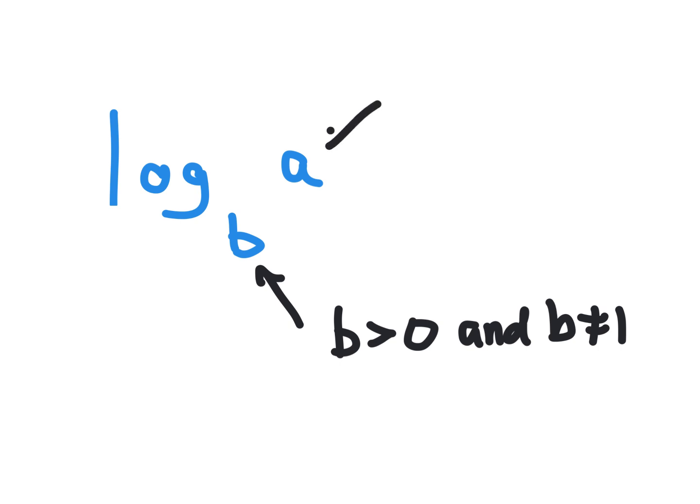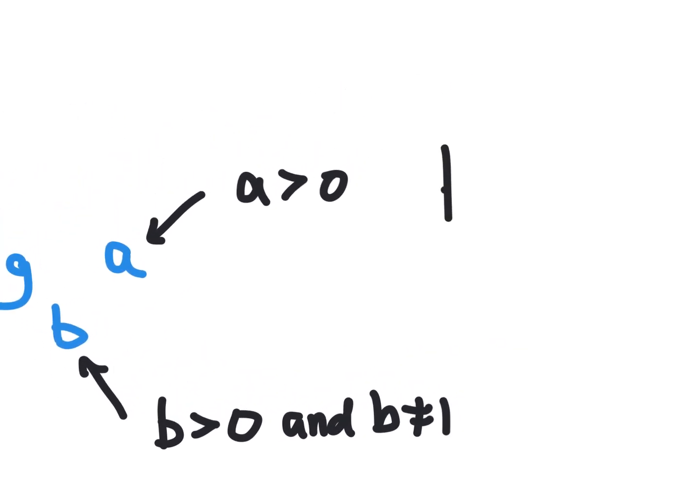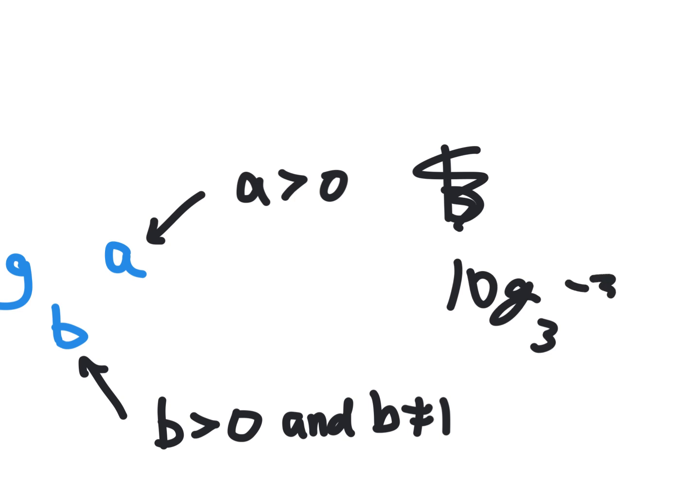And this one is simpler. A just has to be positive. If it's positive, you're good. Doesn't matter. The argument can be anything. It just has to be bigger than 0. So a typical trick question on the test, it seems like it's innocuous, is log base 3 of -3.